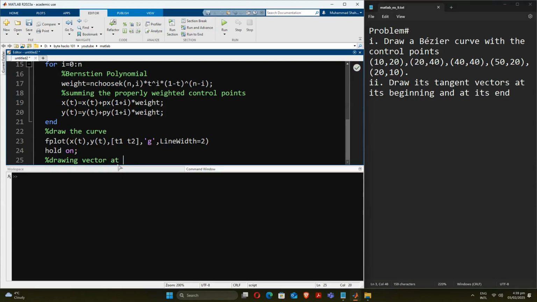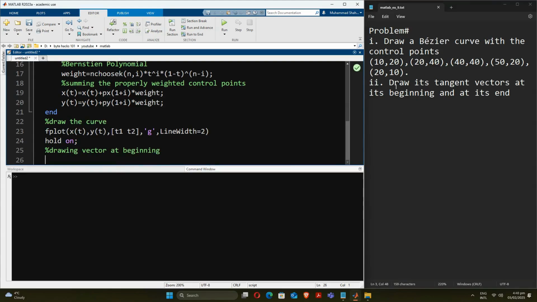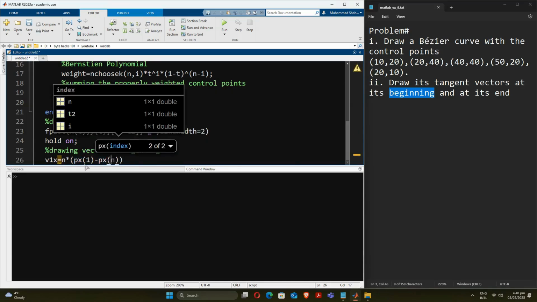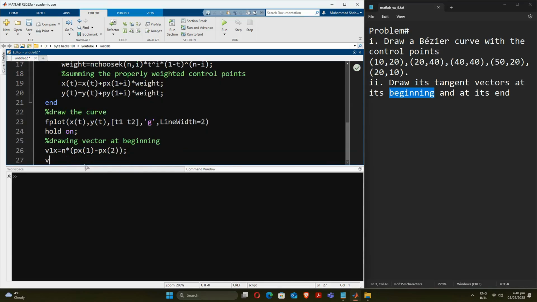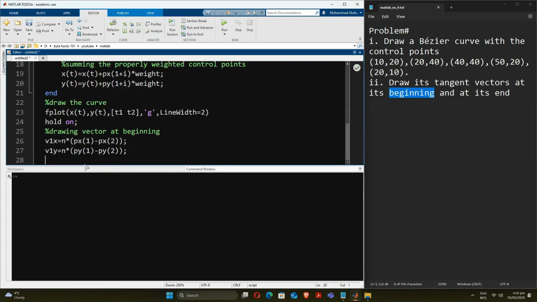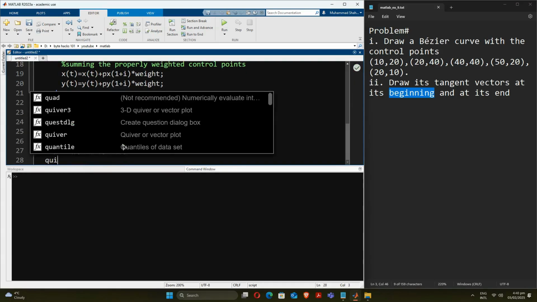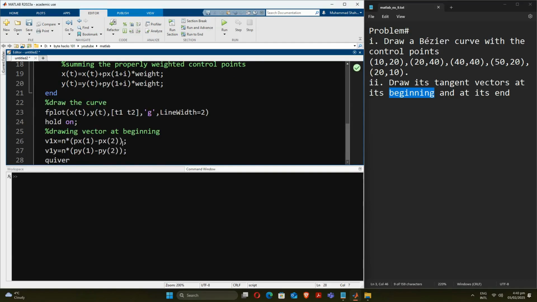For this we will need to evaluate the vector positioning. Since I have to draw the vector at the beginning, I will subtract it from the neighboring coordinate. So px1 minus px2, and same for the y coordinate. And we will use the quiver function to draw the vector. Since we are drawing the vector at the beginning, it will be the first coordinate.